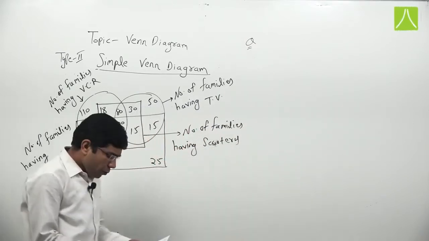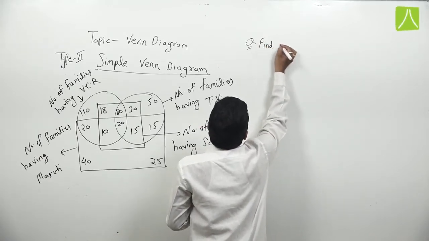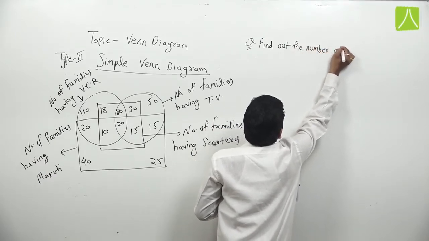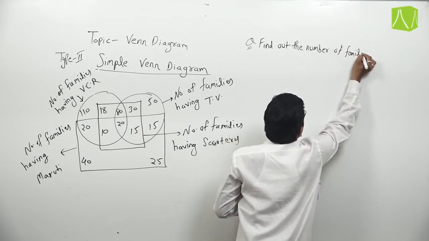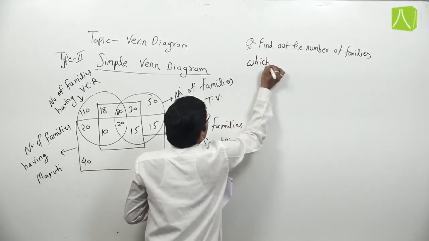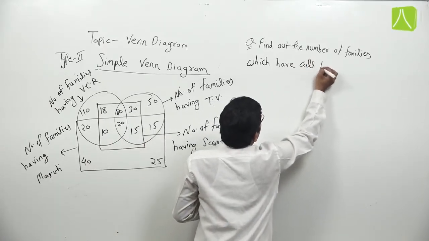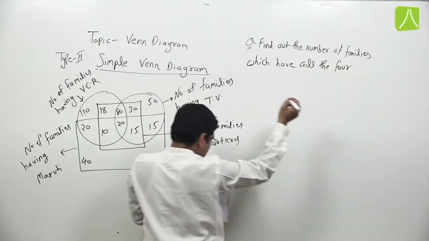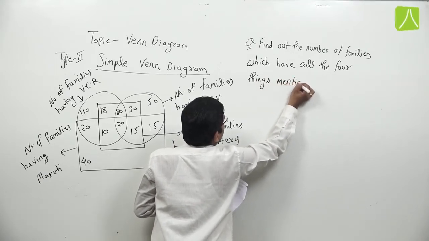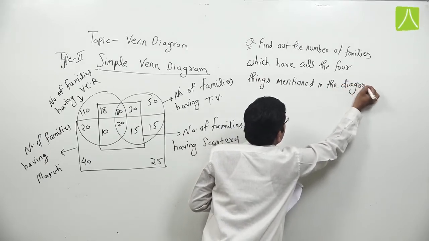That's question number 1. Suppose question is find out the number of families which have all the 4 things mentioned in the diagram.